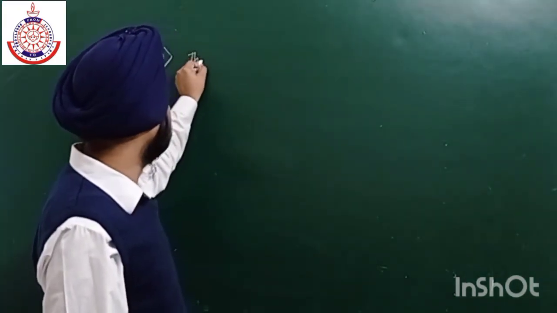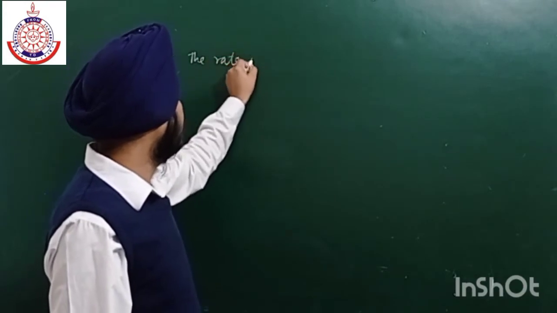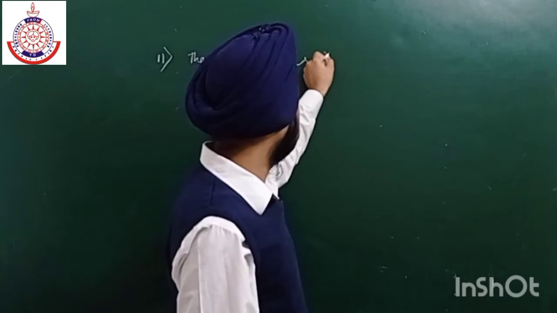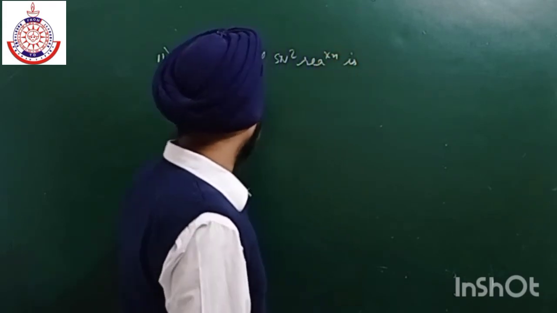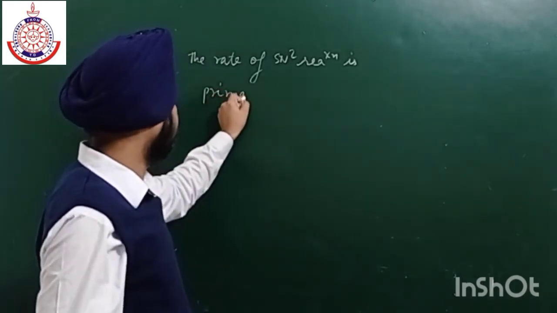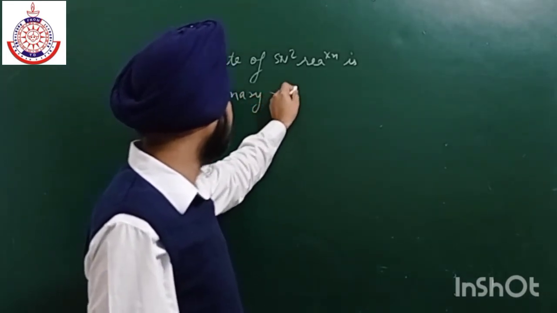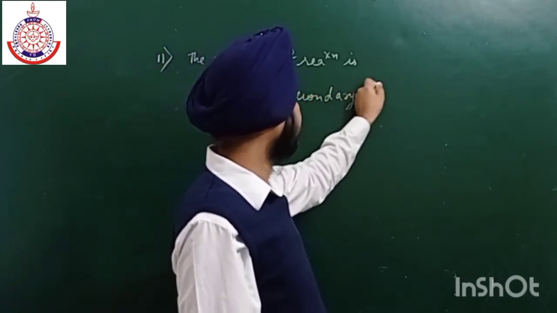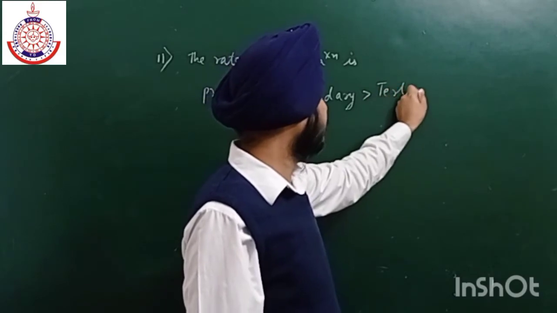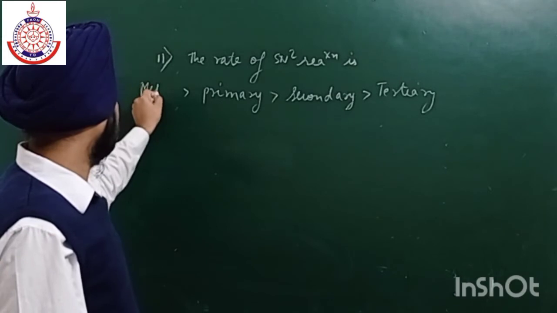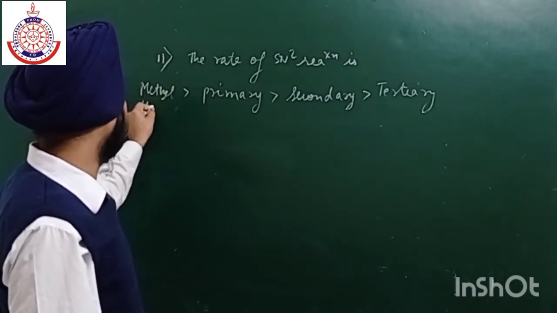It means the rate of SN2 reaction is methyl, then primary, then secondary, and then tertiary. Methyl halide is the fastest.